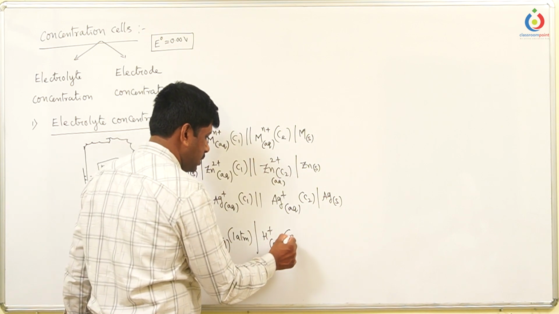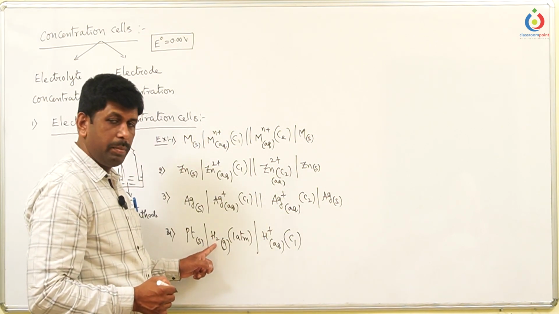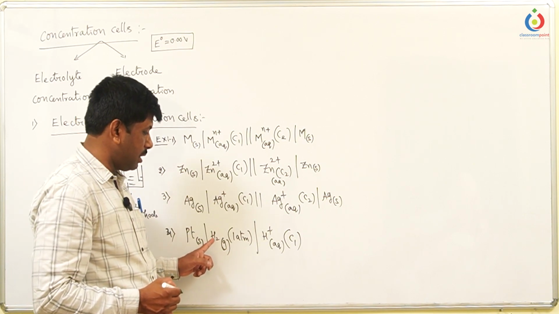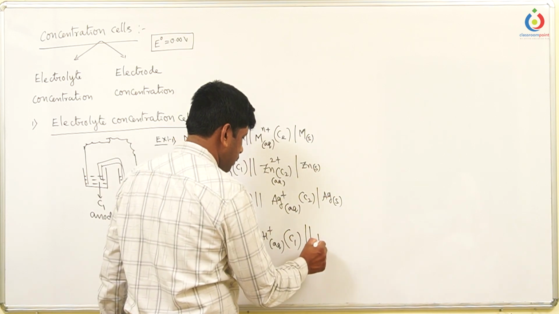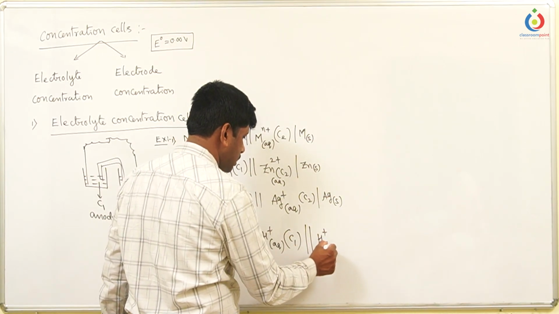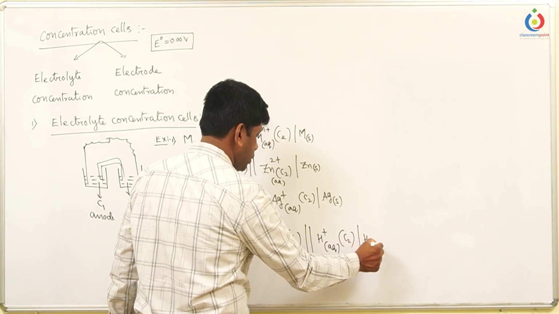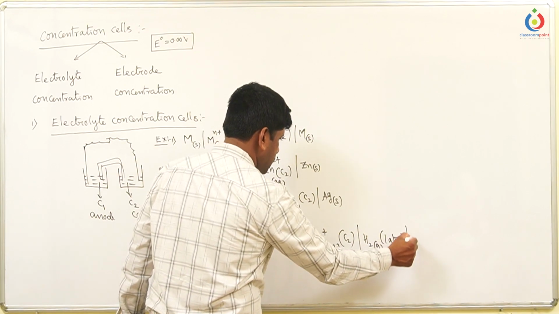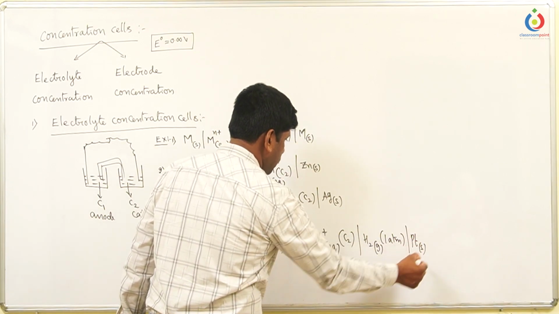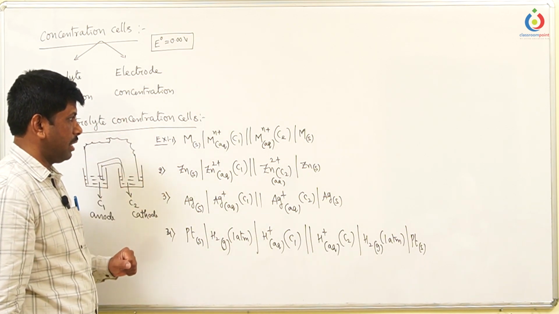Now its concentration is C1, different concentrations of electrolytes. H2 should not be different. Why? Because this is the electrode and this is the electrolyte. Double vertical line, again H plus, aqueous form, C2 concentration, H2 in the gaseous state, its pressure is 1 atmosphere, adsorbed over the surface of the platinum in the solid state. Then how to write down these reactions?